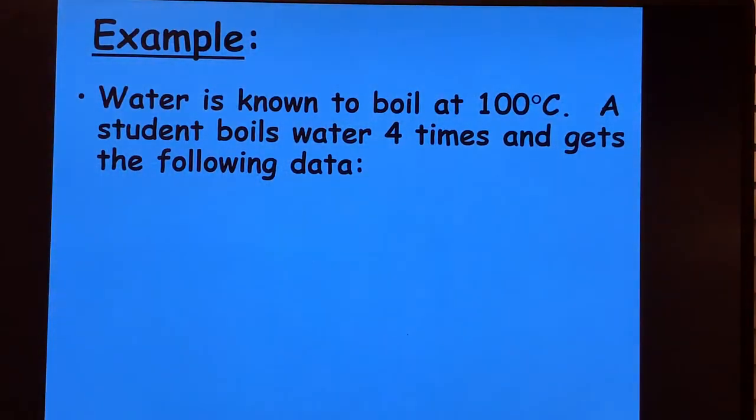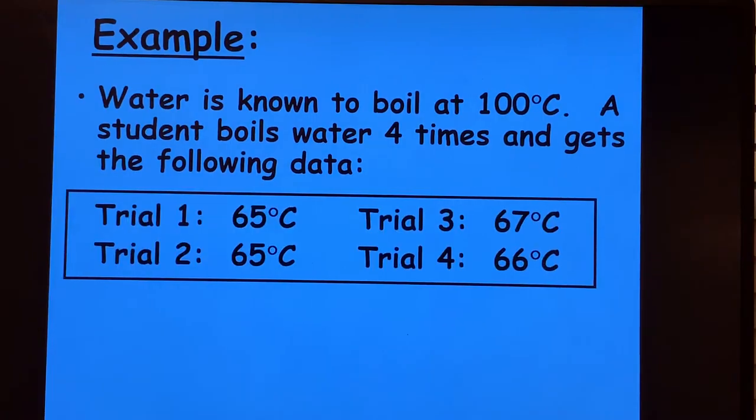So here, let's apply the same concept to a scientific scenario. So we know that water boils at 100 degrees Celsius. Now a student goes and boils water 4 times and gets the following data. For trial 1, 2, 3, and 4, they get similar but not exact answers.